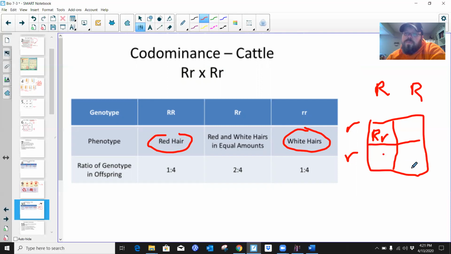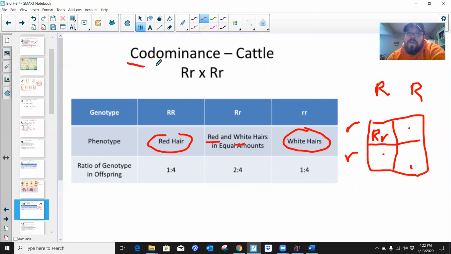So all four of these would be the heterozygote case. What you'd have is not red, not white, but both red and white hair expressed in equal amounts. So again, it's not a mixture. It's not a red and white mix. You would have equal amounts of red and white hair being expressed within the offspring.